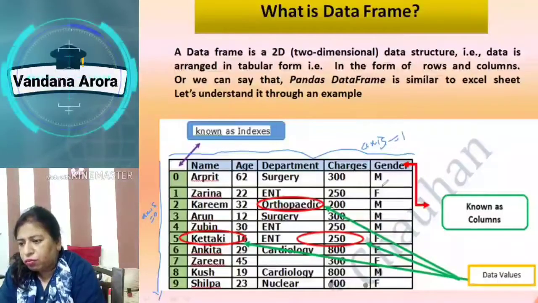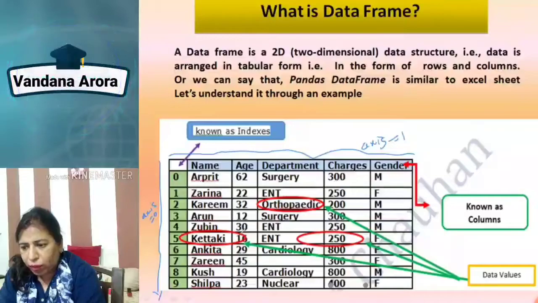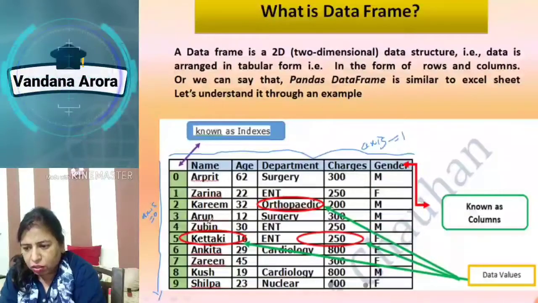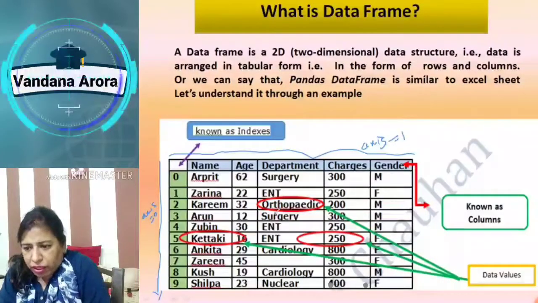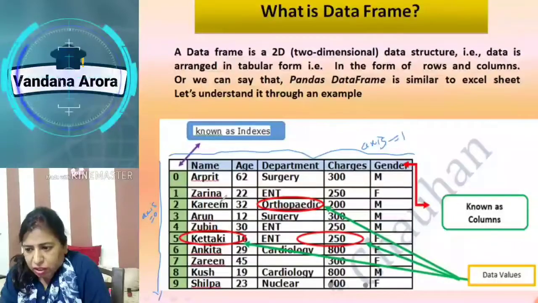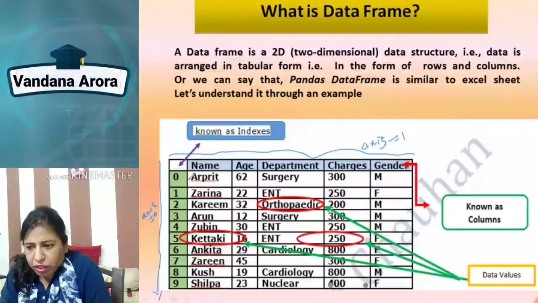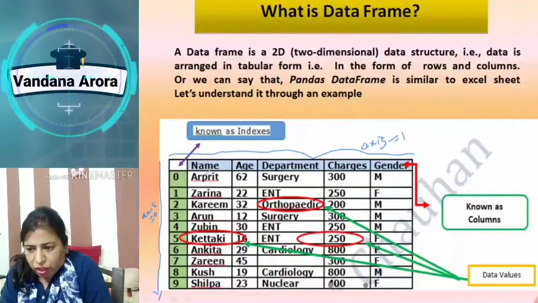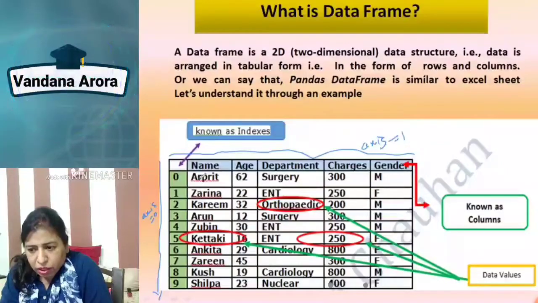Now these are my data values. Suppose I am talking about orthopedic, Ketaki, Zubin. These all are my data values, and each and every value in a data frame has a specific index. Suppose I am saying Arpit, it means Arpit is the first value in the column name, and the row index for Arpit is 0.